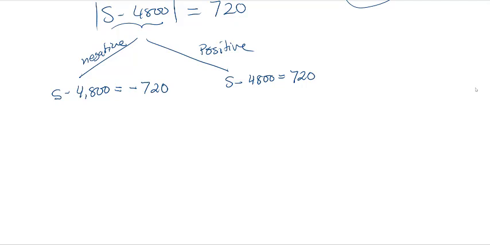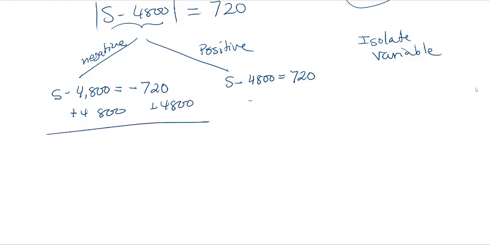So how do we do this? We can add 4,800 to both sides of both equations so as to isolate our variable. Remember, we try to isolate variables in order to solve. So we use the addition property here by adding 4,800 to both sides, and I will solve both these equations simultaneously because they're quite easy.